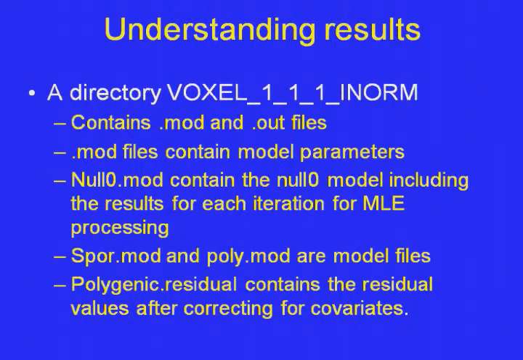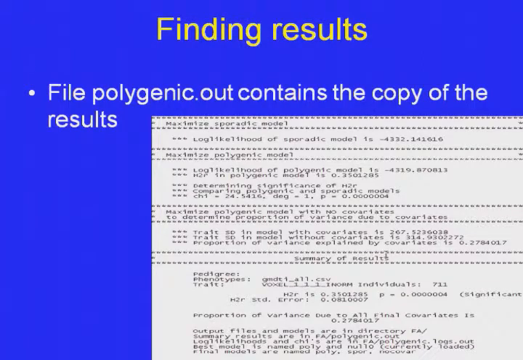For example, null0.mod contains the zero model, including the results for each iteration of the MLE processing, and the same goes for the sporadic and polygenic models. The polygenic.residual file contains the residual values after correcting for all of the covariates, and polygenic.out contains a copy of the results.